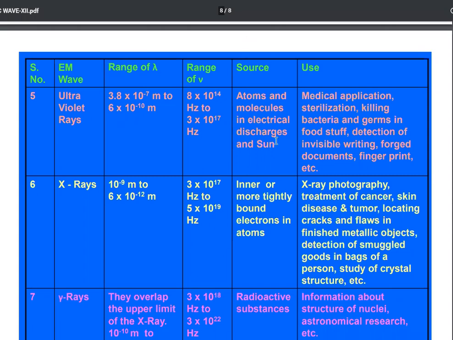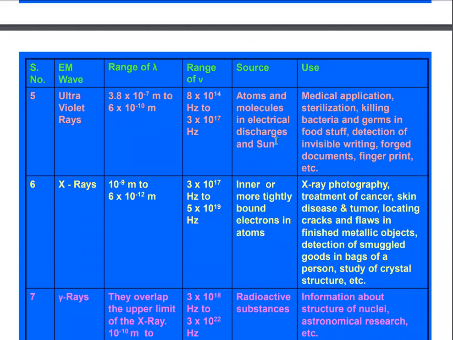The source of ultraviolet radiation is atoms and molecules in a discharge tube and the sun. Now the applications: ultraviolet is used for medical purposes, and it is also used in sterilization and killing bacteria.